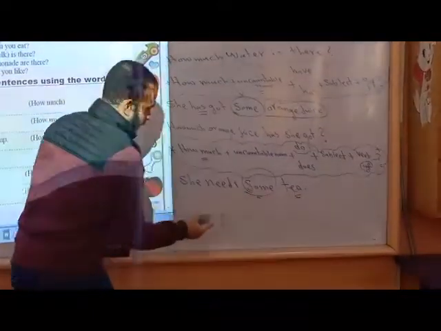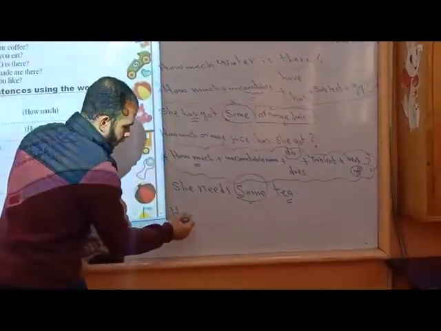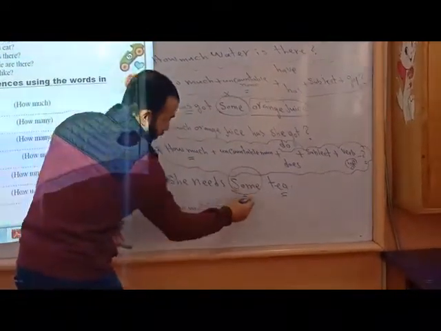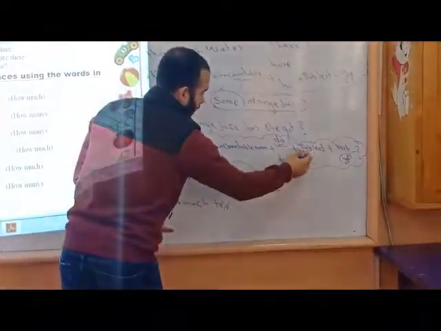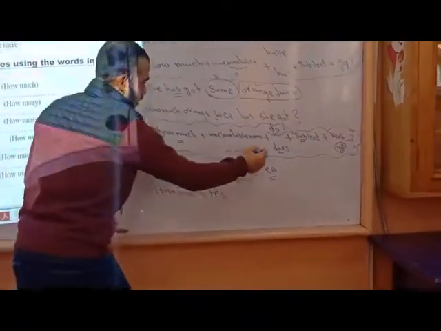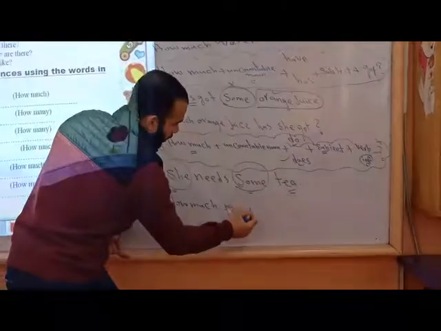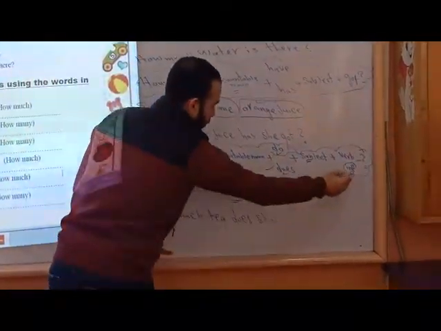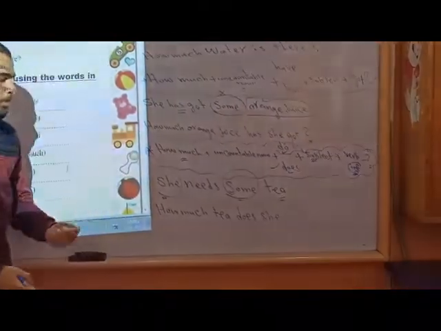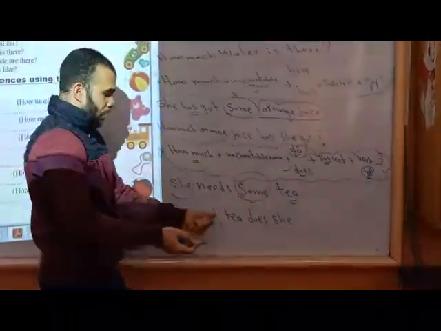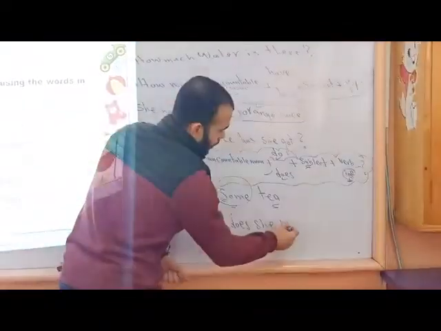Uncountable noun tea. How much tea? Do or does, identify the subject. The subject is she. It takes does. How much tea does she? Then put the verb in the infinitive, means without s, es, or ies in the present simple. How much tea does she need?